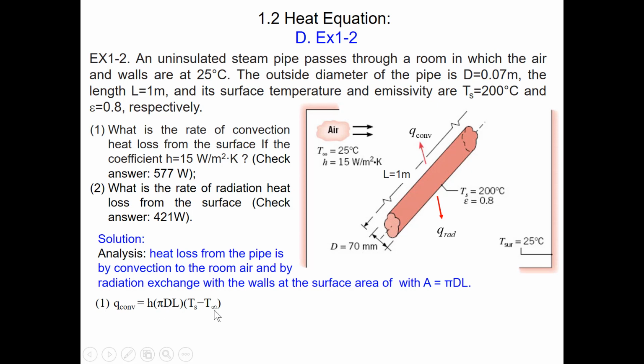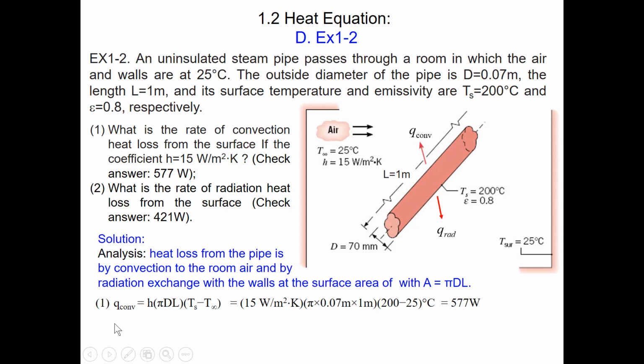Then times the temperature difference between solid surface or pipe and moving fluid air. Then you plug in the number for heat transfer coefficient h, for the area, then for the temperature difference. Finally, you get the rate of convection heat loss from the surface of the pipe.